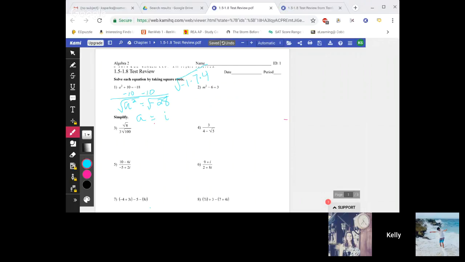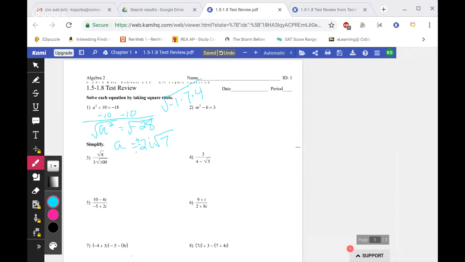So the square root of -1 is i, and the square root of 4 is 2. Then you put the 7 in the root. So you have plus or minus 2i root 7. Did that make sense? Yes, ma'am.